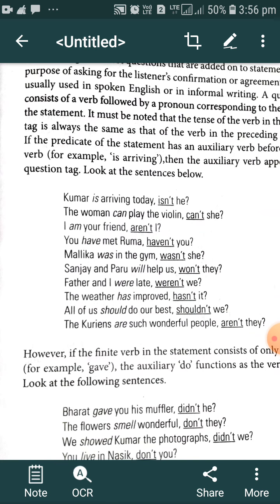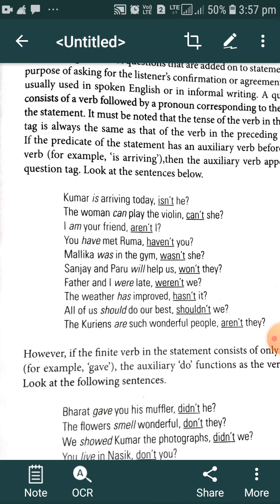Kumar is arriving today. This is the statement. In it, is is the auxiliary verb before arriving, and arriving is the main verb. So we have to add the question tag isn't he.